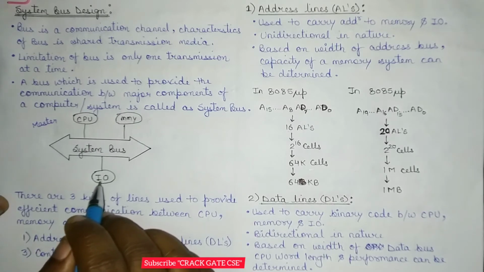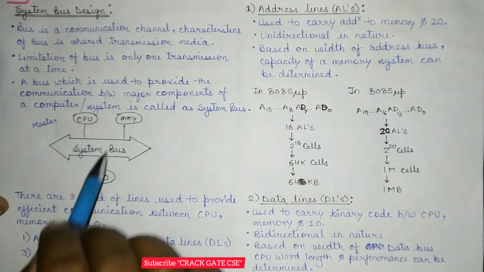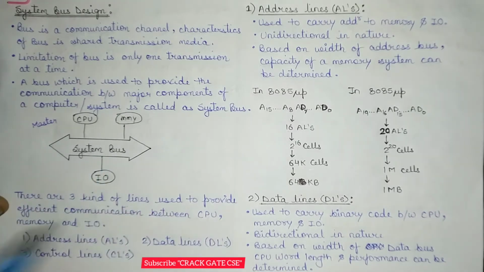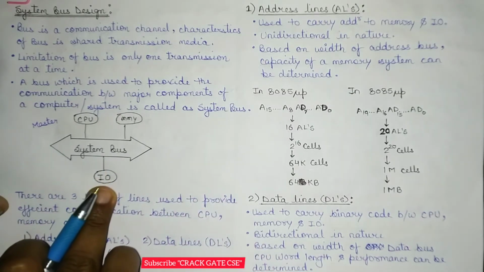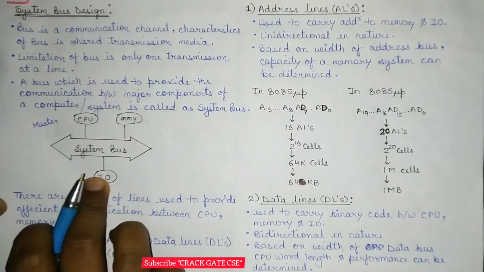This is very slow. IO is the slowest component of a system because it is slower than the memory also. It is also usually a slave, but in some special cases like an interrupt, it may behave as a master. And in IO also we have addresses, but those addresses are called ports.